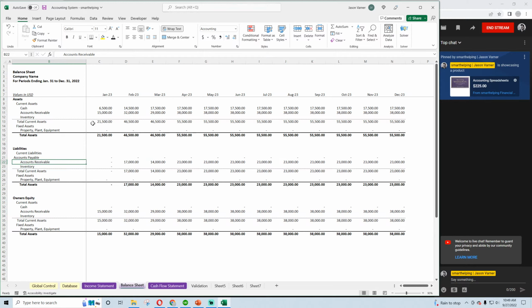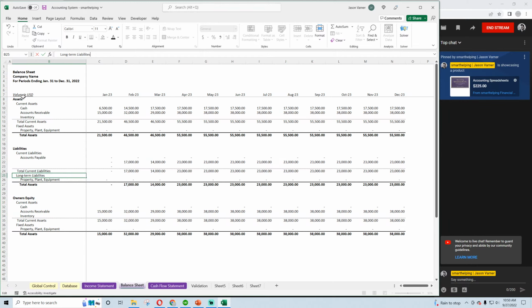Oh wait, what happened here? Accounts payable. Don't need that. Total current liabilities. So we haven't done anything for this yet. We'll do long-term liabilities.